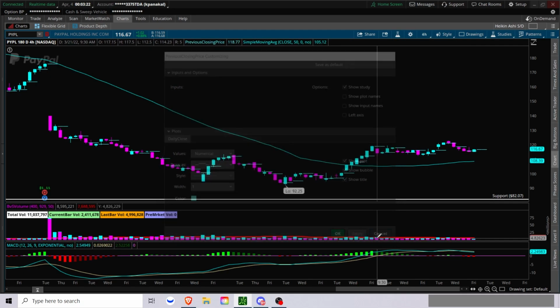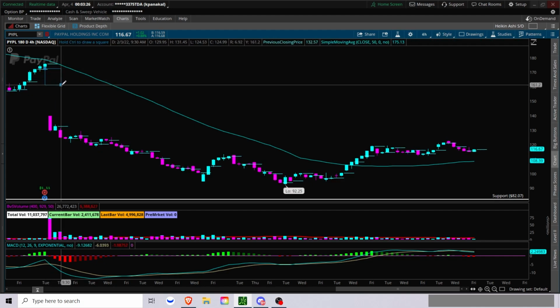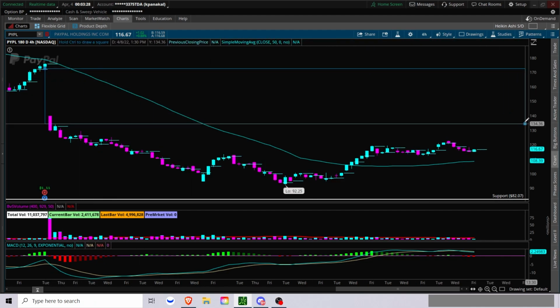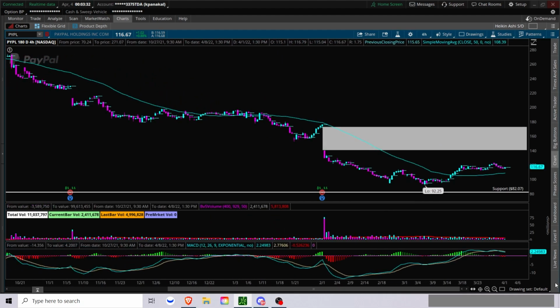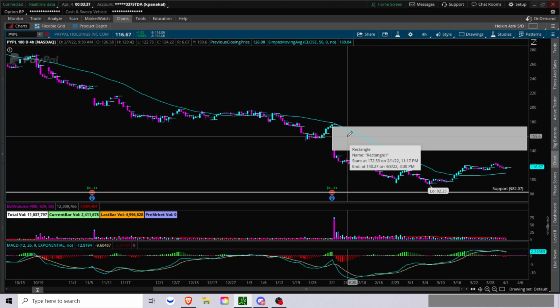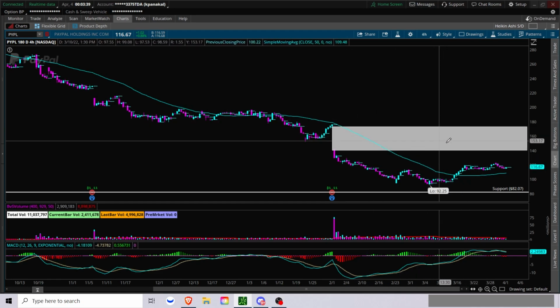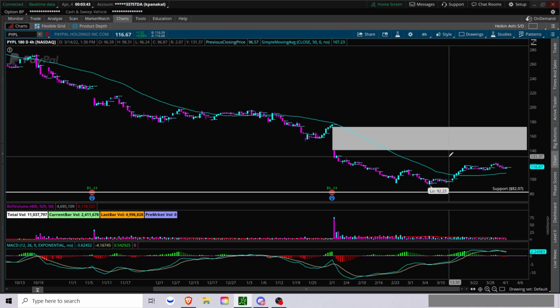Okay, that's close enough. We have to fill this area right here. This is an unfilled area from the previous gap down, right? So PayPal still has to fill this. This can also work as resistance.